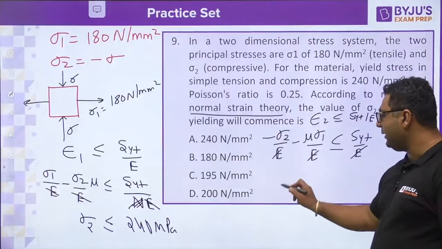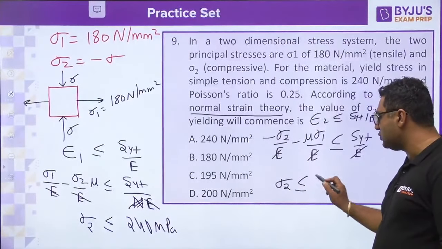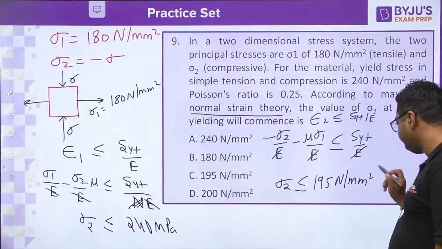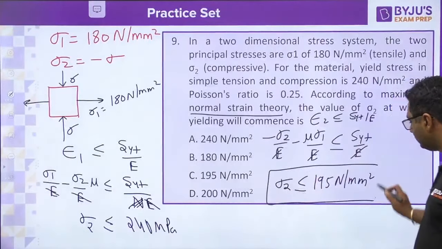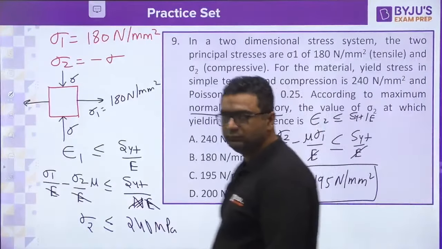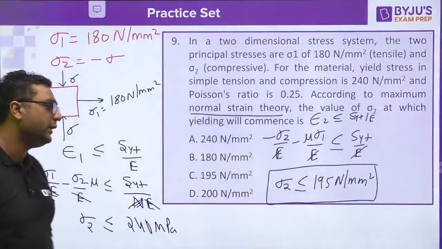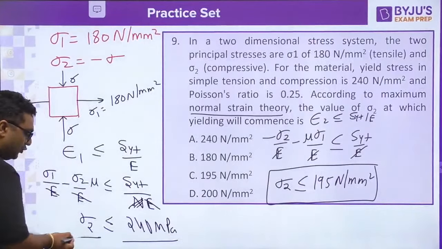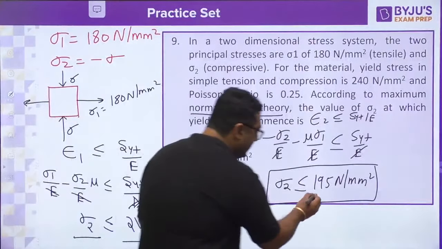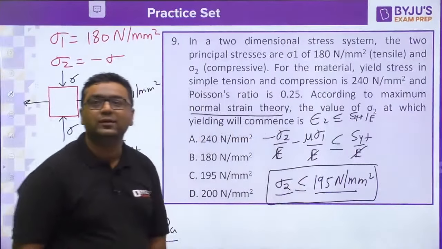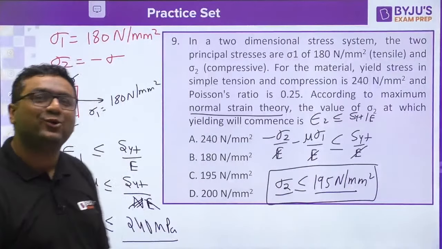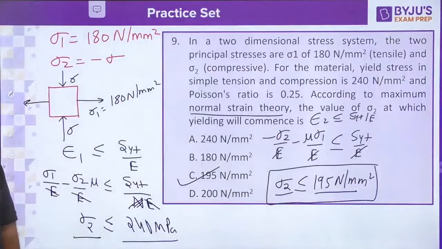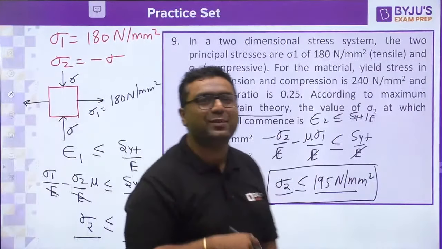Here you will get sigma 2 less than or equal to 195 Newton per mm square. Is it fine? One side it says less than 240, other side it says less than 195. So the answer is not going to be 240, the answer is going to be 195, because both conditions must be satisfied.